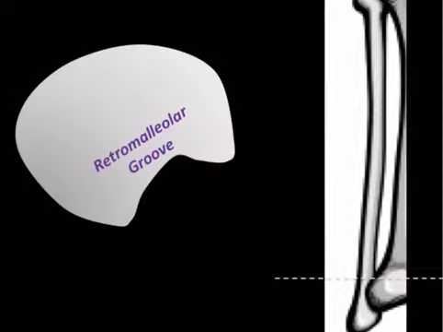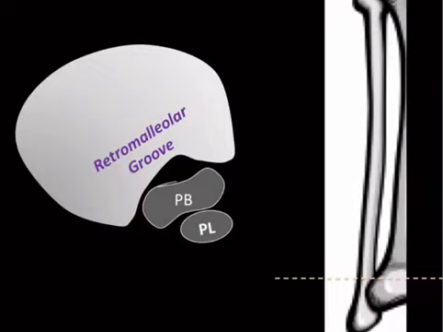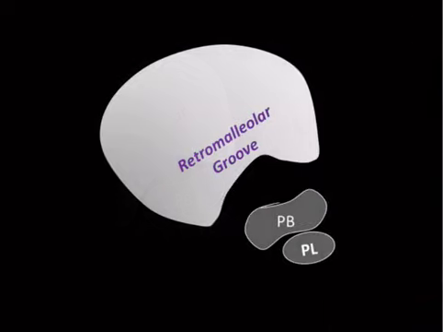So let's just sort of look at why this happens. Here is a cartoon of the tibia and fibula, and if we took a cut right at this level and then looked at an axial, this is what we would have. The cutout here is the retromalleolar groove, and that's a groove that these peroneal tendons sit in. These guys, longus and brevis.